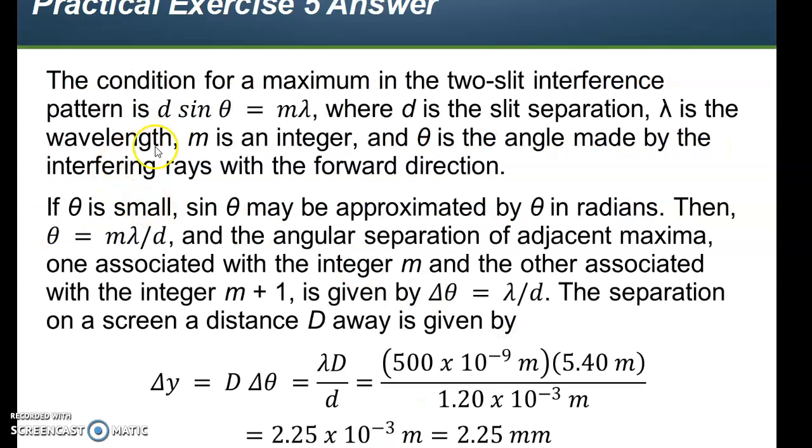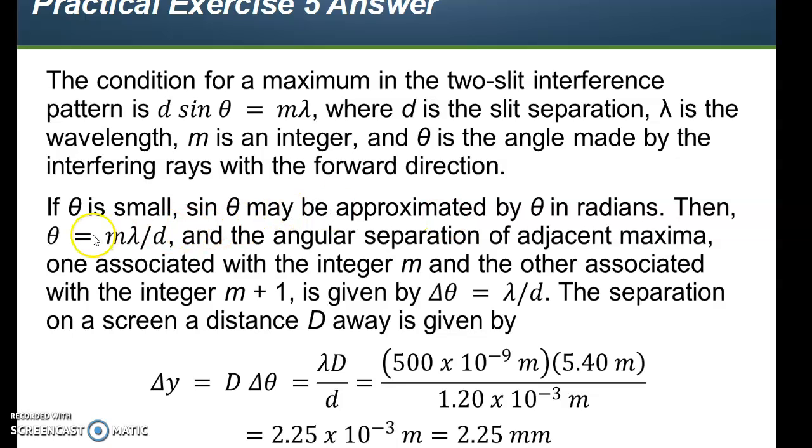So, for a condition of a maximum in the two-slit interference pattern, we have d sine theta equals m lambda, where d is the slit separation, lambda is the wavelength, m is the integer, and theta is the angle made by the interfering rays. Since theta is small, sine theta is approximately theta in radians. That's a key assumption there, and it's important that it be measured in radians.